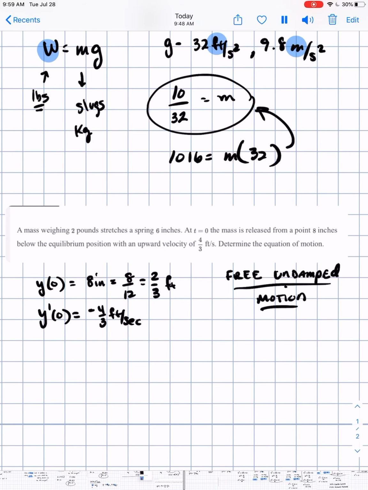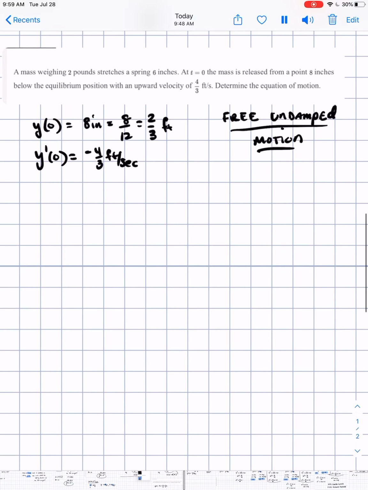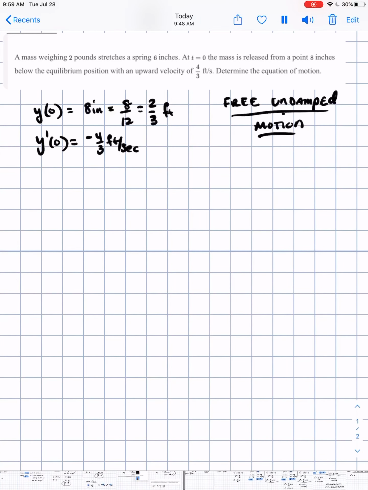The reason is there's no other force acting on it. Besides gravity, there's no motor, no force, nothing else acting on this. That's not very true in real life, but these are easier problems to get the hang of this.